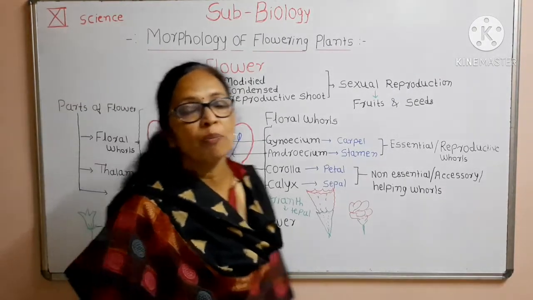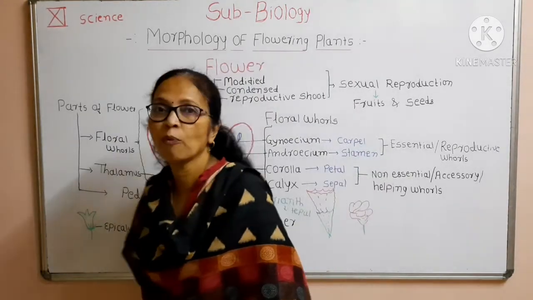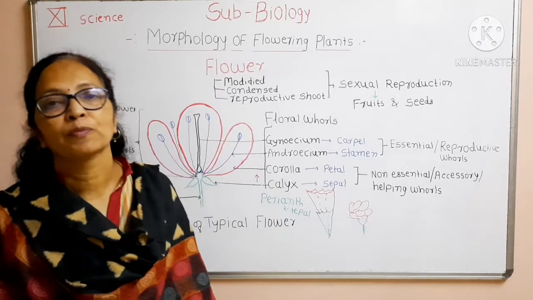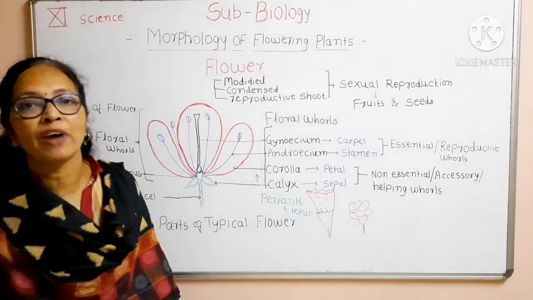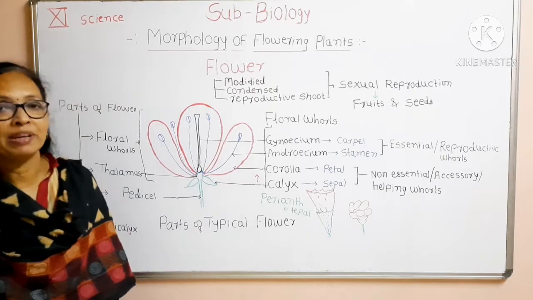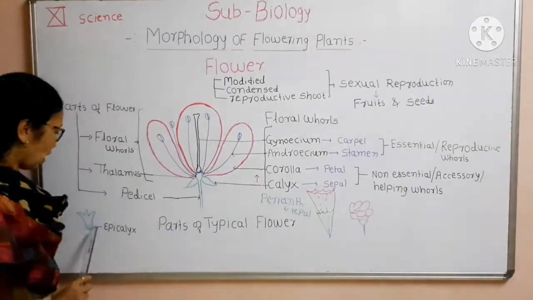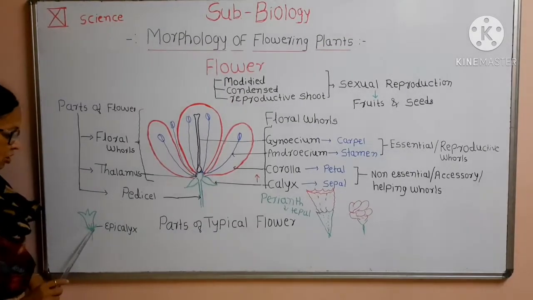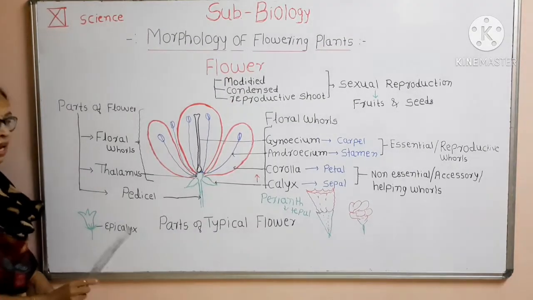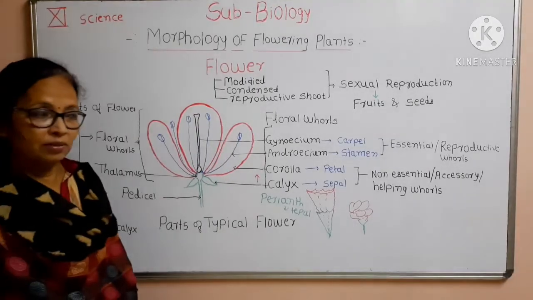There is a presence of near about 5 to 8 bracteoles, and the presence of epicalyx is a characteristic of the family Malvaceae. For example, you already know the family example of China rose. Below the calyx, there is a presence of 5 to 8 calyx-like structures formed by bracteoles, called epicalyx. Another example is cotton and lady's finger.